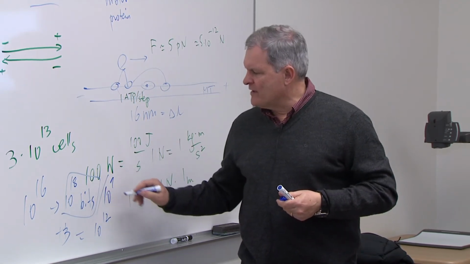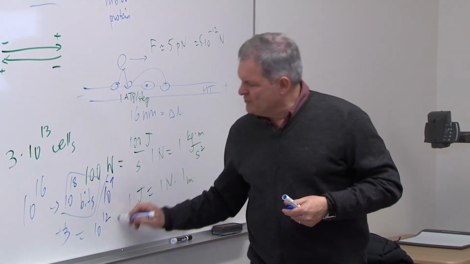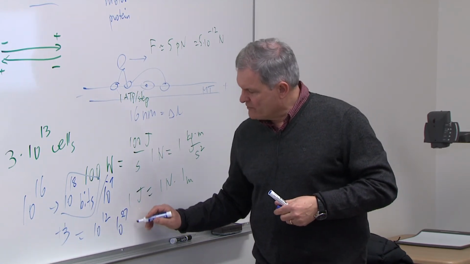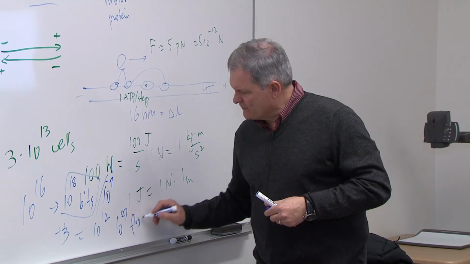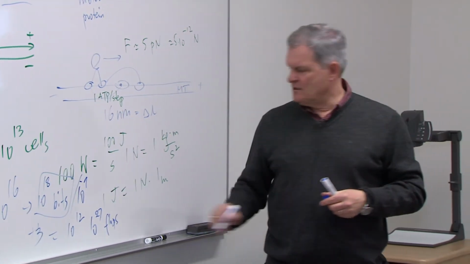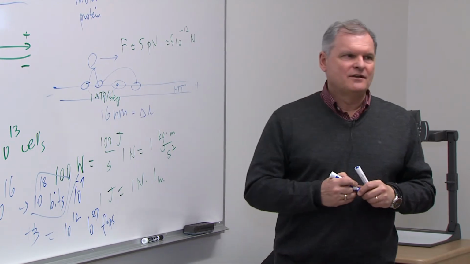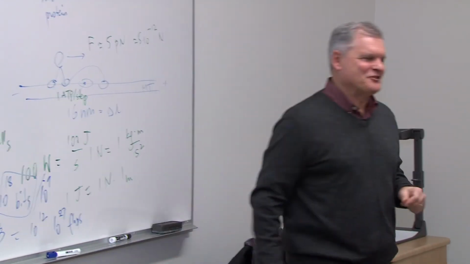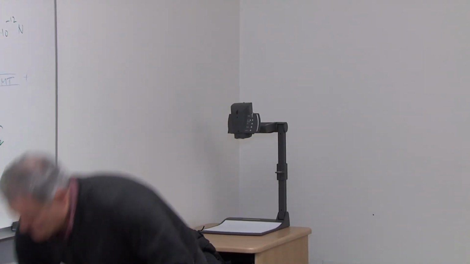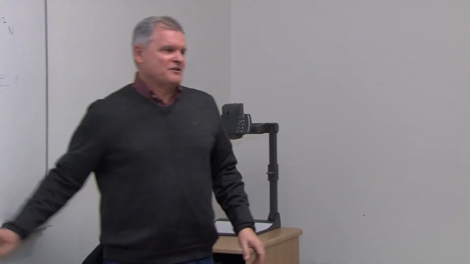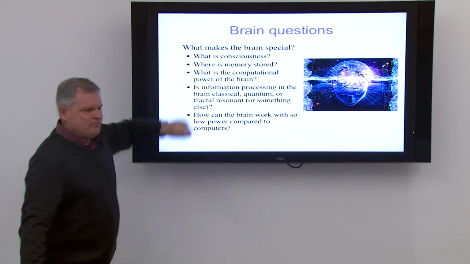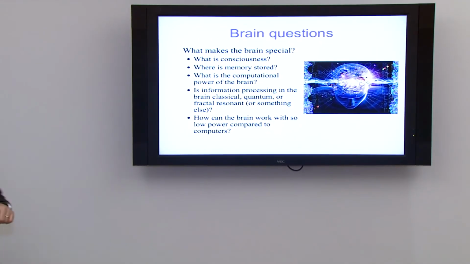But this is too fast because that would be 10 to the 27th flops or something like this, so operations per second. That's probably more than the entire universe can do at present. So anyway, we have some oversupply issues. There's just too much that this can do. Where is memory stored? I have a few minutes. I'll show you where we think it is.